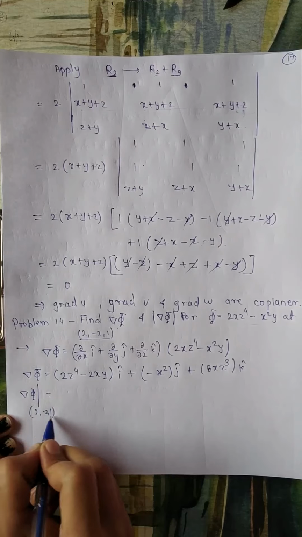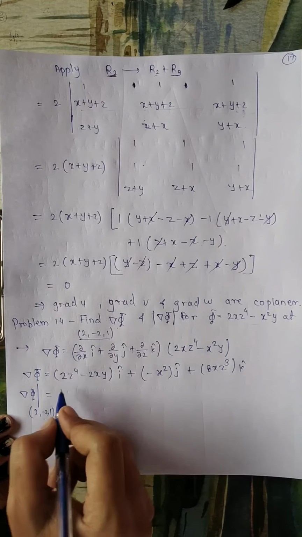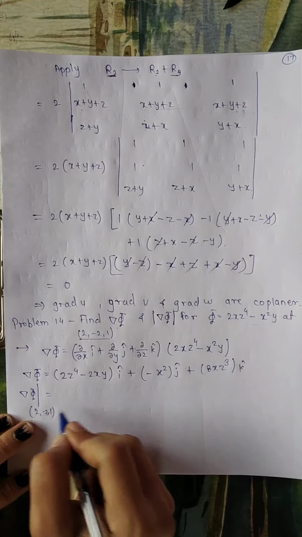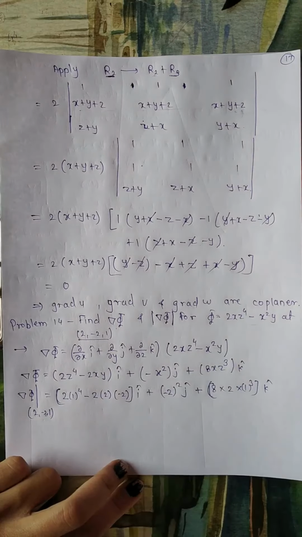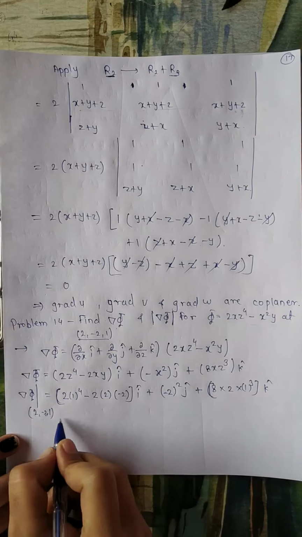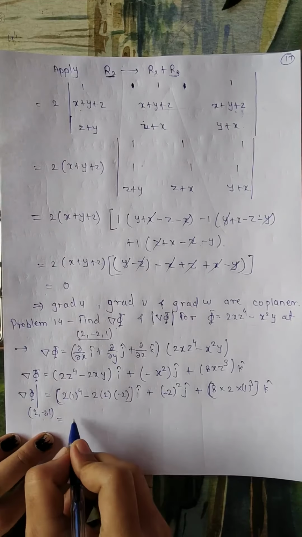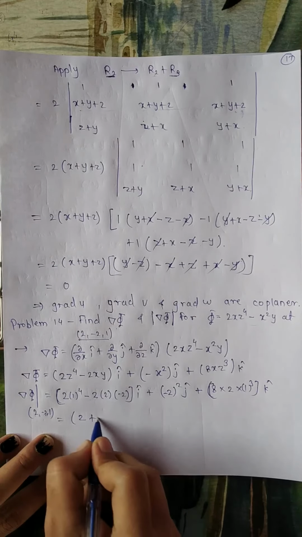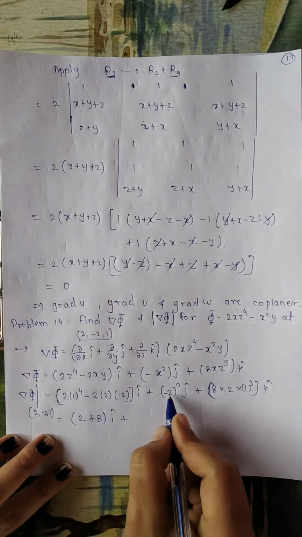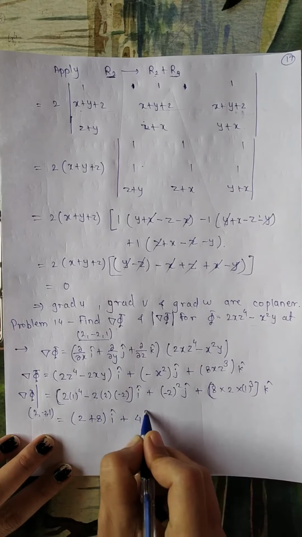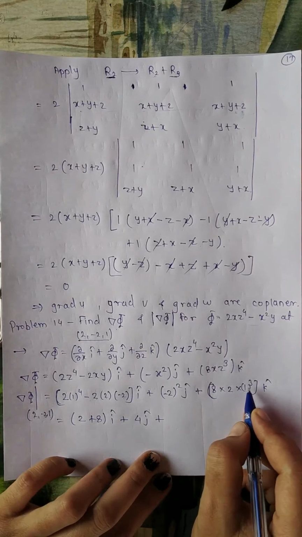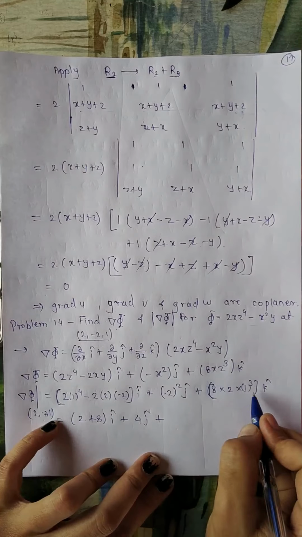That means x, y, z are taken as 2, minus 2 and 1. So let's substitute x as 2, y as minus 2 and z as 1 in this equation. If we do this calculation we will get here 2, now minus minus plus 2 into 2 into 2, 8 plus 8 i cap, plus minus 2 square is 4 j cap, plus 8 into 2, 16 into here it is minus z cube.